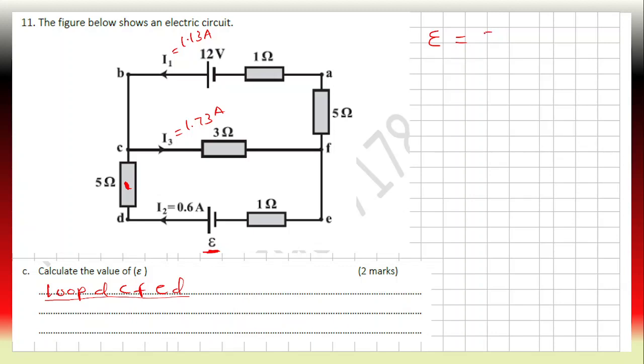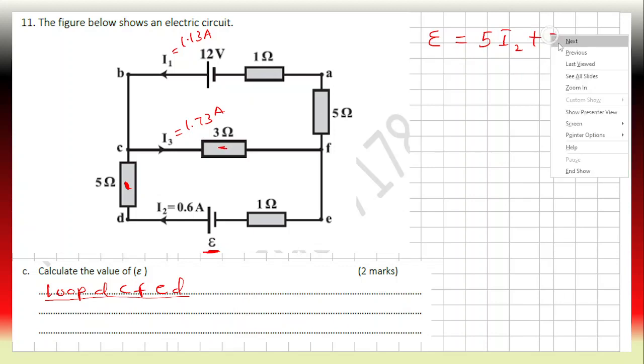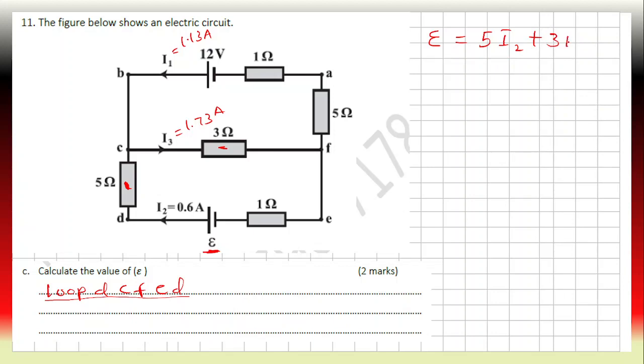There I'll have 5 multiplied by I2, then plus the voltage through the 3 ohm resistor, that is 3 multiplied by I3. Then finally, through the 1 ohm resistor, this one is plus 1 multiplied by, what is the current through the 1 ohm resistor?